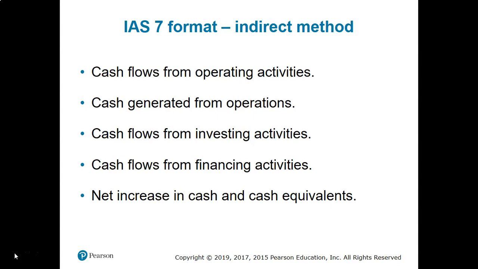And then we will find out the differences in the cash position due to investing activities, that is the fixed assets, and the third thing is we have to find out the differences due to long-term borrowings or capital transactions, and then we'll find out the net increase in cash or cash equivalents. What's the net change? And then we will adjust that net change with the beginning cash balance, and then we will find out the ending cash position of the organization.